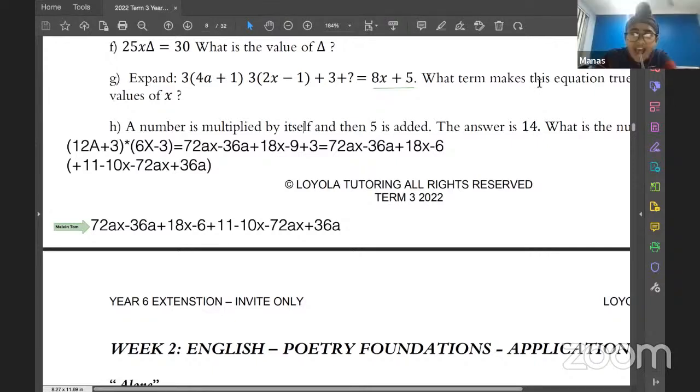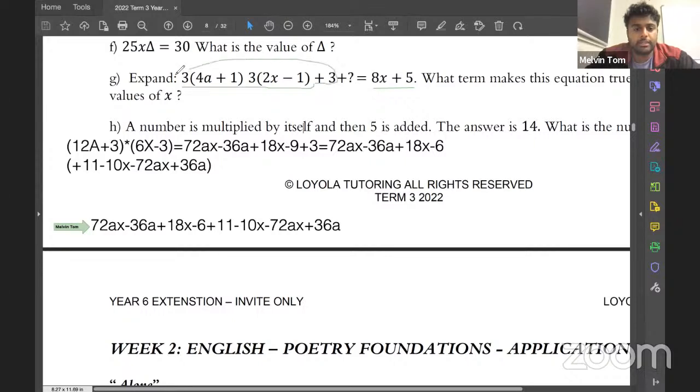But how did he figure out what the question mark was? Because you solve backwards, Manus. What I'm left with, when I simplify this line here, is 72ax minus 36a plus 18x minus 6.